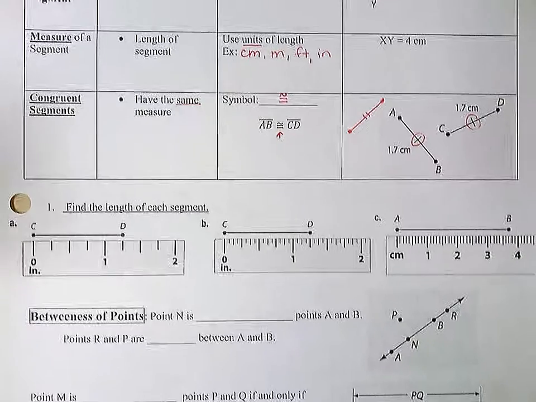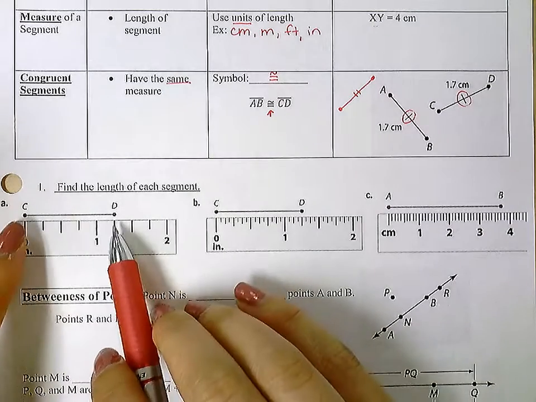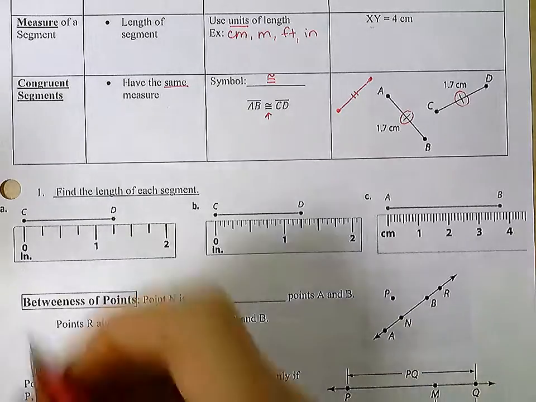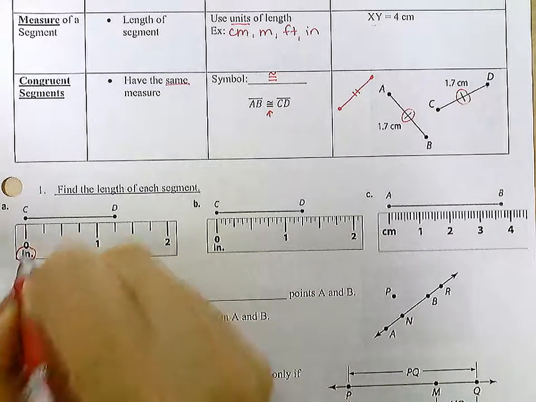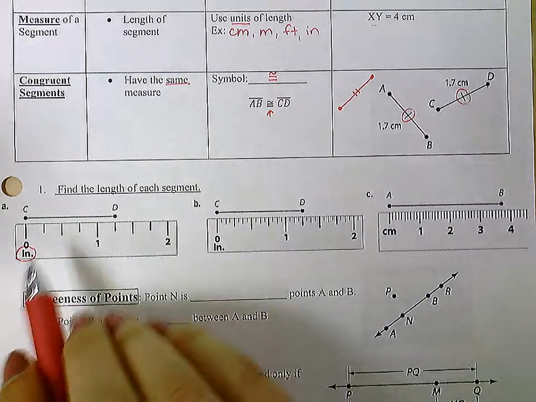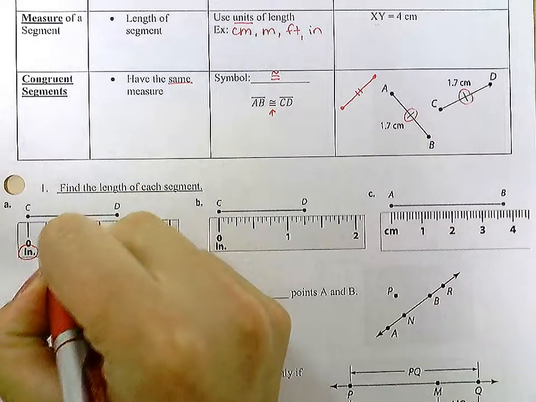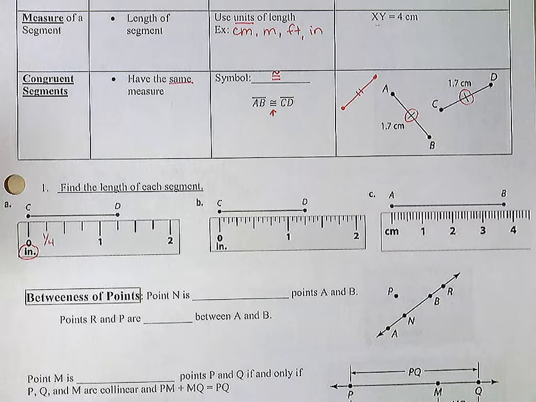All right, we're going to get into some examples then. For number 1, we want to find the length of each segment. So letter A, we have segment CD. Our ruler here is in inches, so that means I have to label my answer in inches. Always look for that label. Each of these goes up by 1, 2, 3, 4, so I'm going up by 1/4 each time.